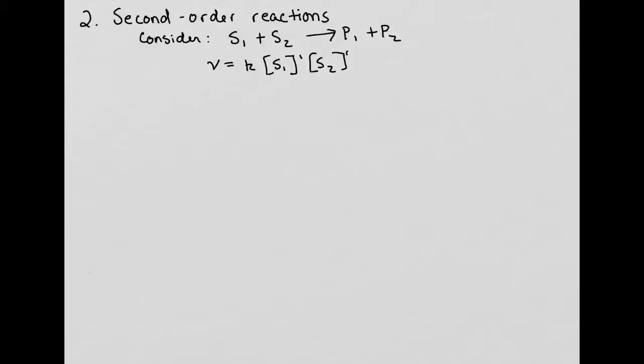So this is an overall second order reaction, which clearly gets a little bit more complex, and in fact, even the units on our rate constants for a second order equation are a little more complex, because if we have molar concentration here and molar concentration here, we get molar squared.